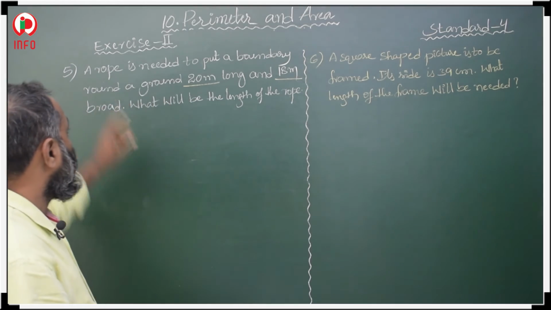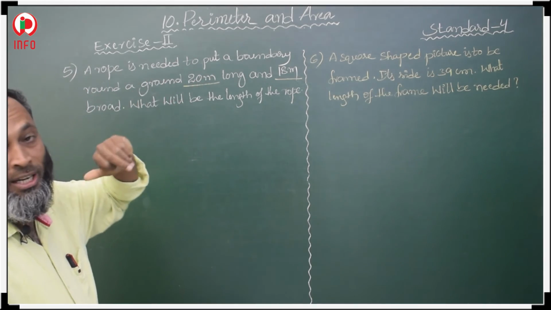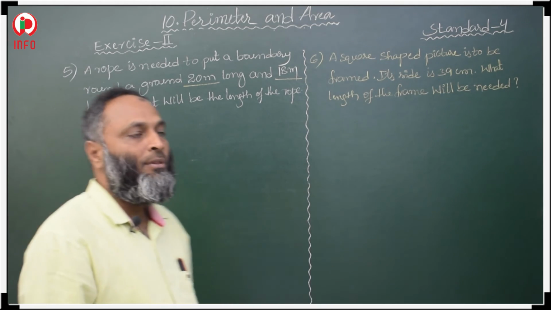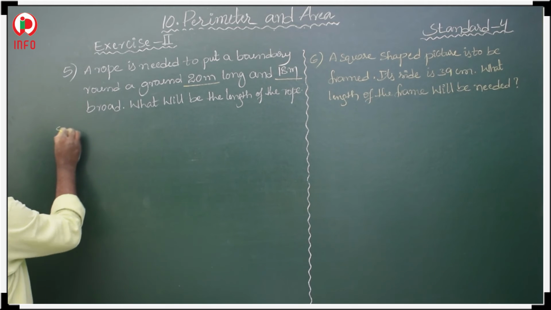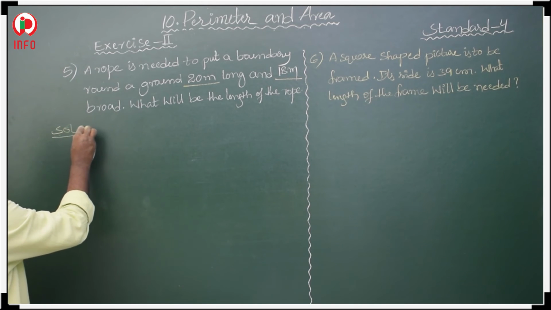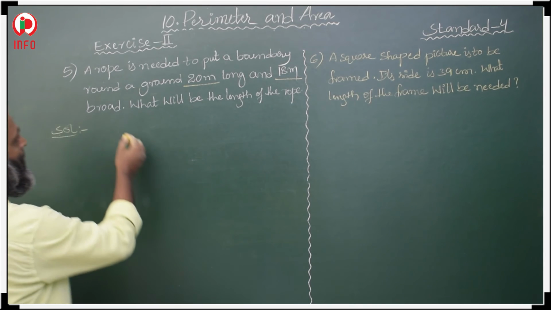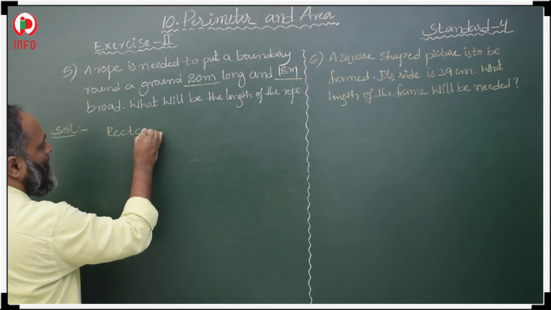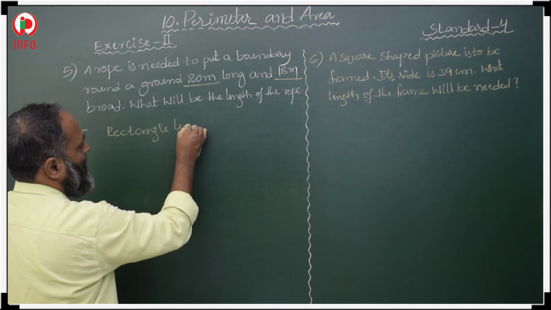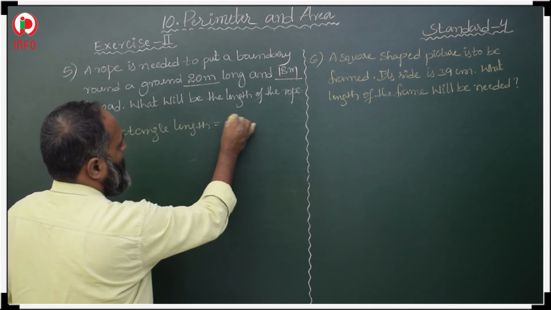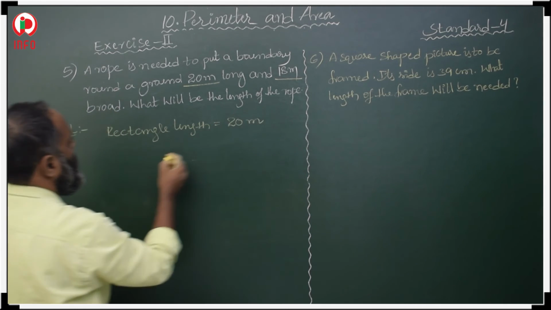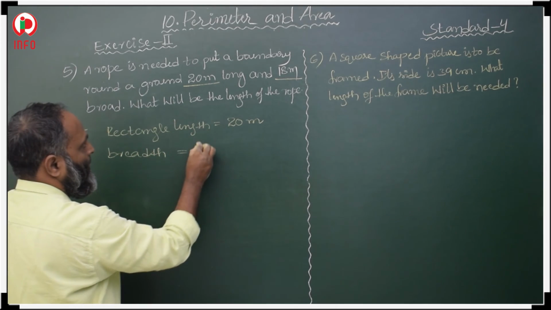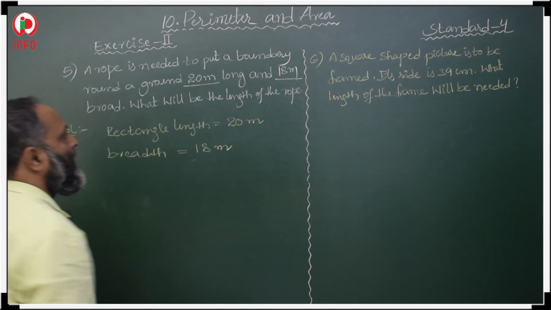Here a rope is needed to put a boundary. Whenever a boundary is given, then we have to find the perimeter. So first step: rectangle length is equal to 20 meters, breadth is equal to 18 meters, length and breadth.